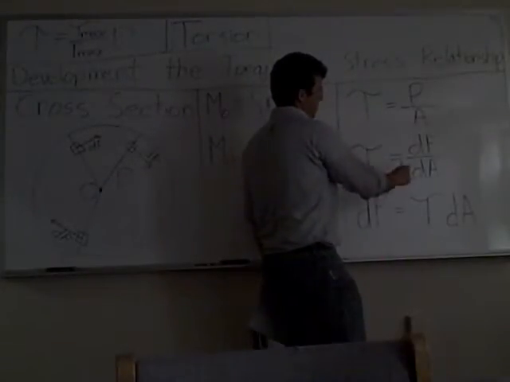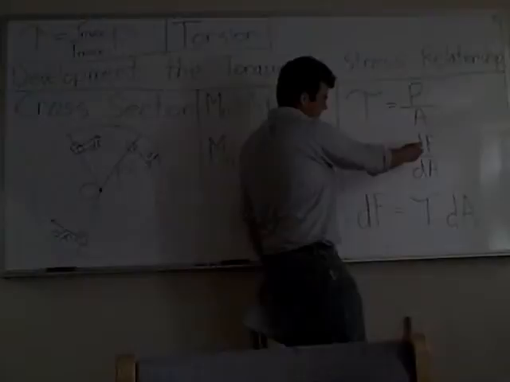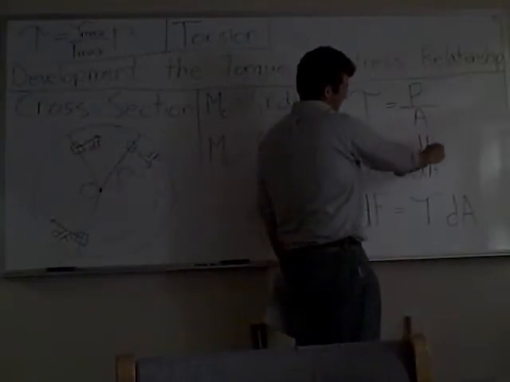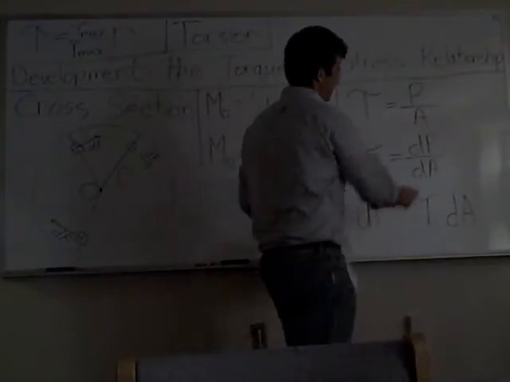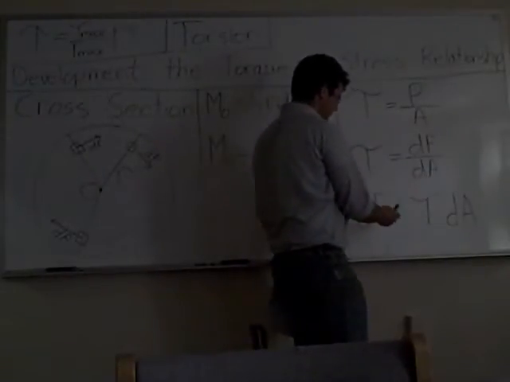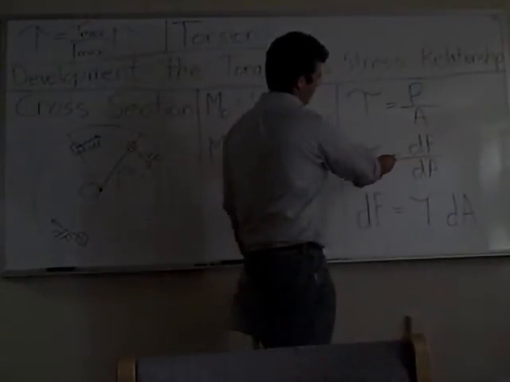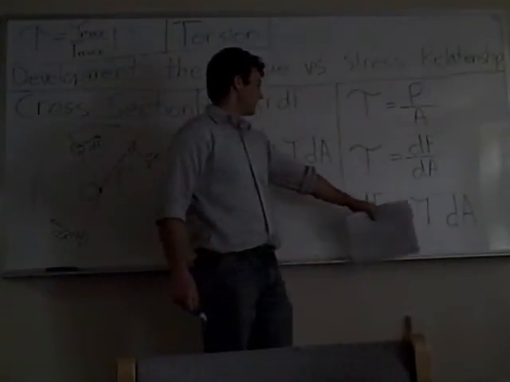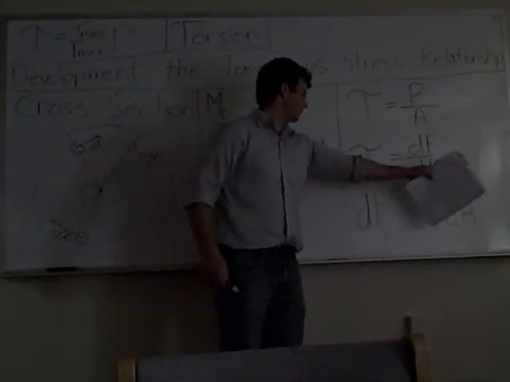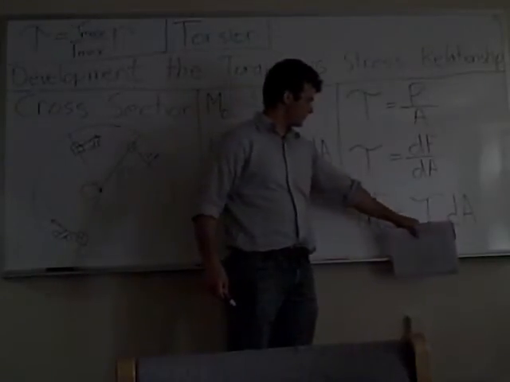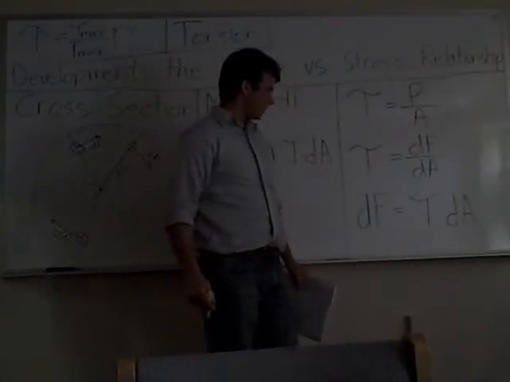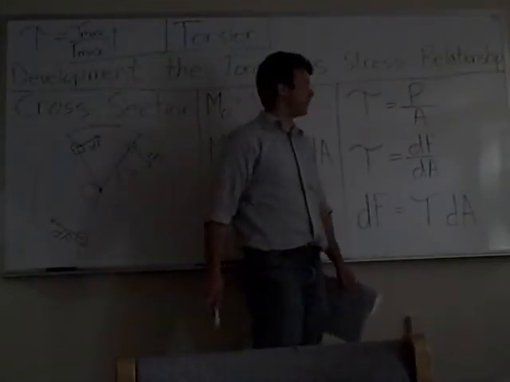The stress is also going to equal the change in the force applied divided by the change in the area. And so doing a bit of algebra, just basically move the dA over, and you get the change in force is going to equal the stress times the change in area.